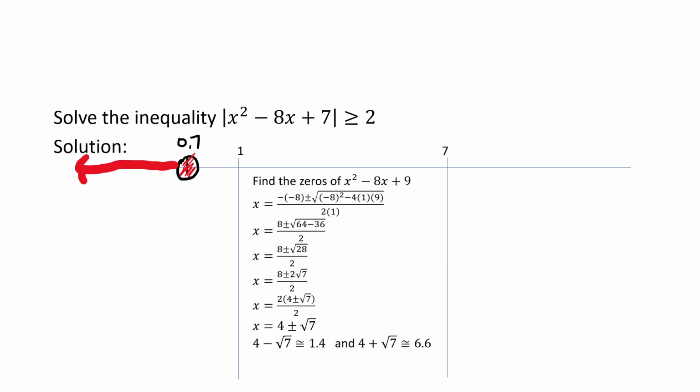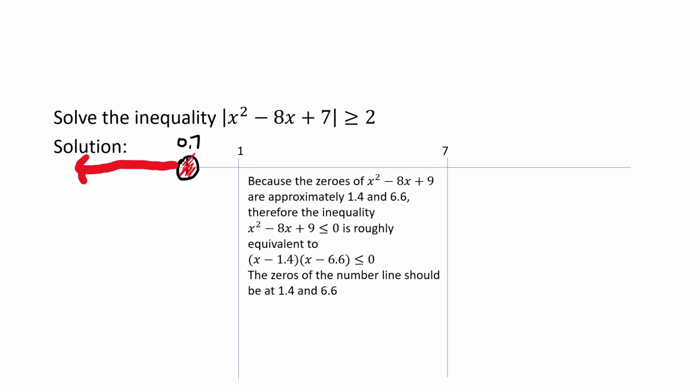Now we're going to remember, we're now going to do interval testing within an interval. So we're going to determine the zeros of x squared minus 8x plus 9. And the zeros using the quadratic formula are 4 plus or minus root 7. Well, 4 minus root 7 is roughly 1.4. 4 plus root 7 is roughly 6.6.